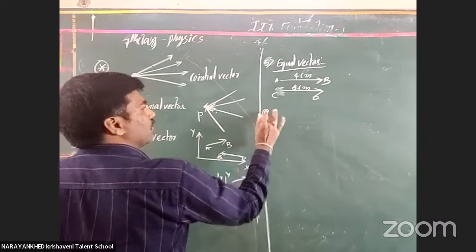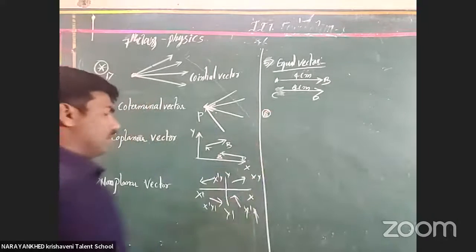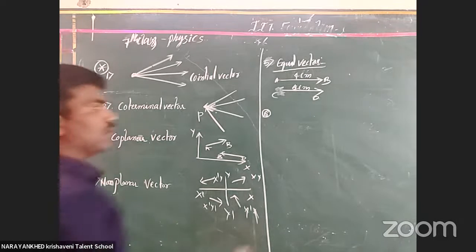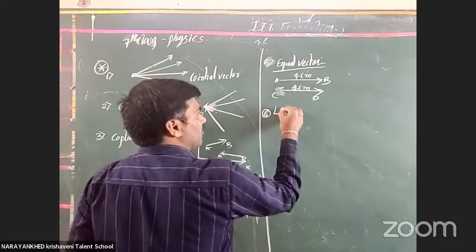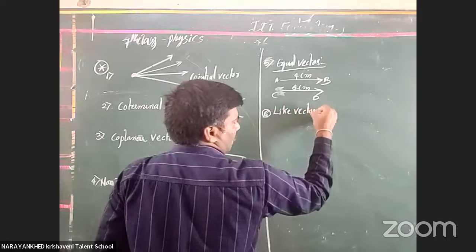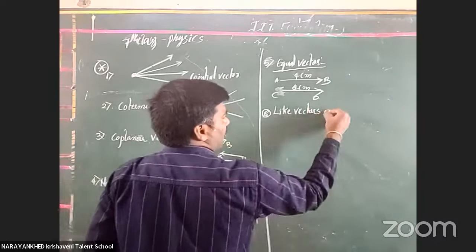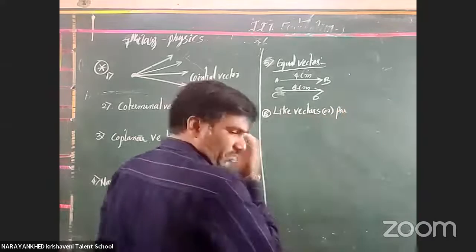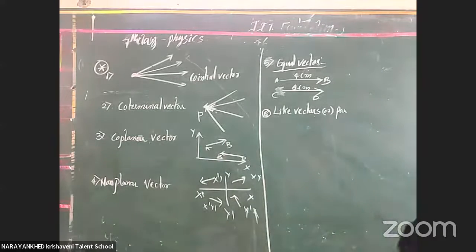Next, the sixth one: unlike vectors and like vectors. Clear or not? Like vectors are parallel vectors. Got it or not, students? This all we discussed in the last class only.